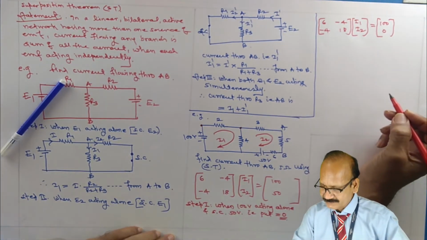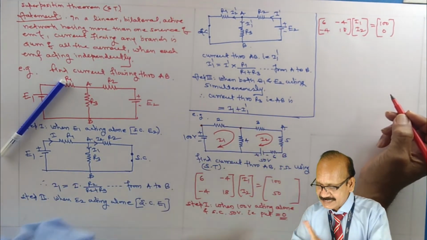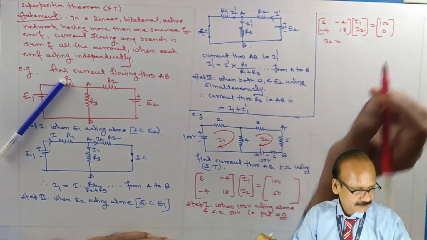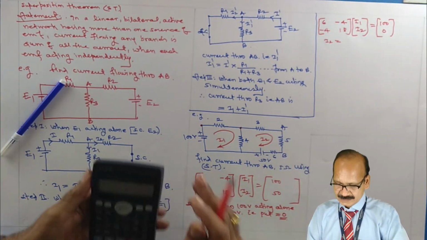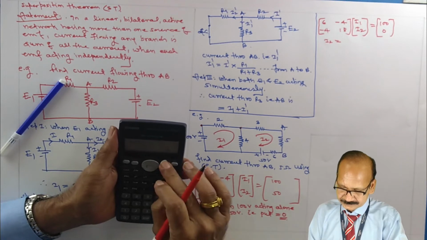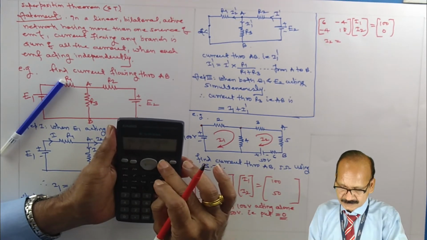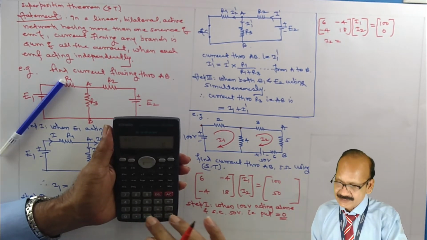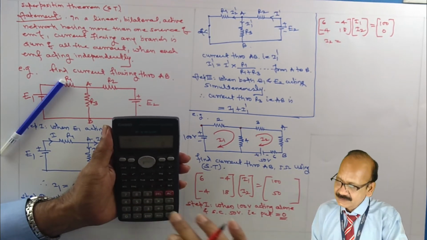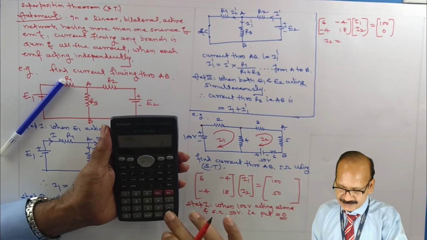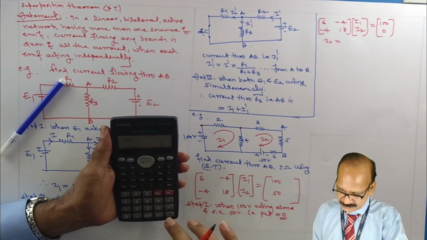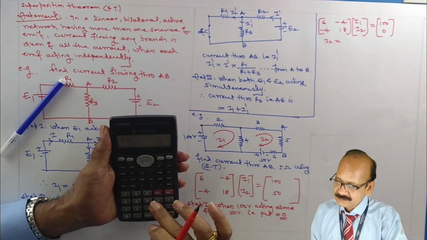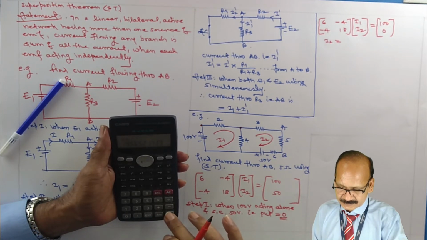We need to find which current? The current flowing through AB is I2, so we have to find out I2. Now use the calculator. Mode 1, equation, how many unknowns? 2. So A1 is 6, B1 is minus 4, C1 is 100, A2 is minus 4, B2 is 18, C2 is 0.